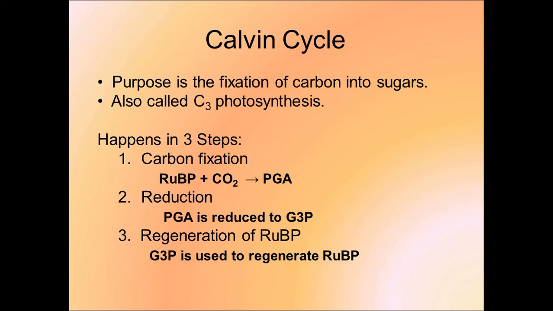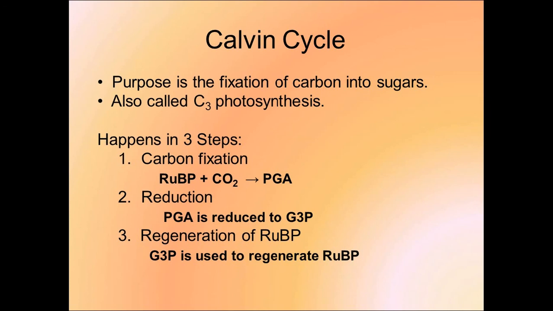An enzyme called Rubisco helps to make this process happen faster. In step number 2, ATP and NADPH molecules that were created from the light reactions are going to be used to reduce those PGAs to G3P molecules. Remember, reduce means to add a hydrogen.